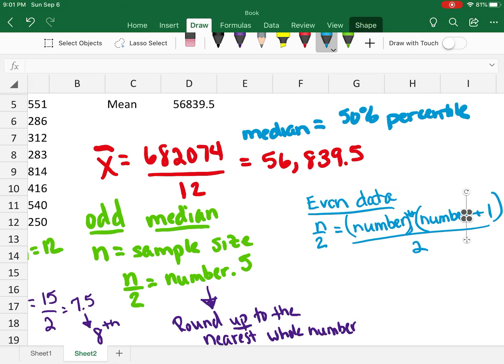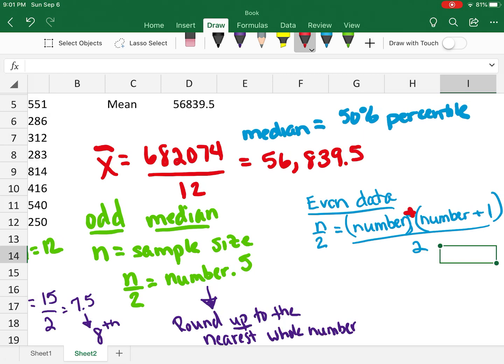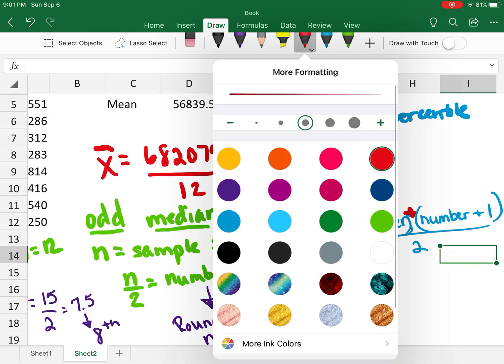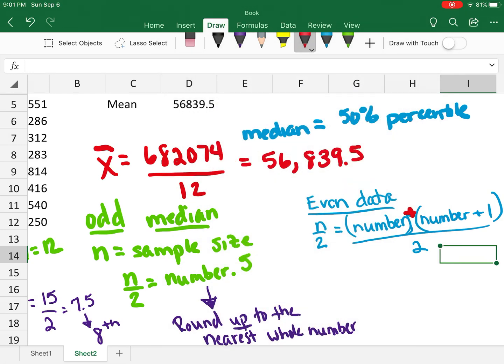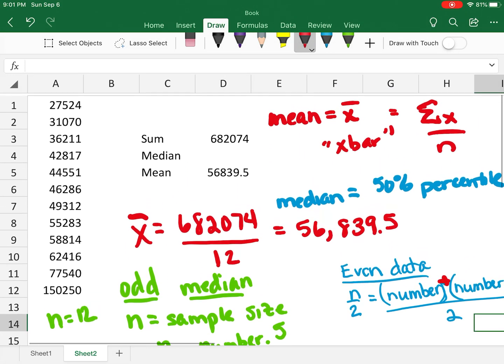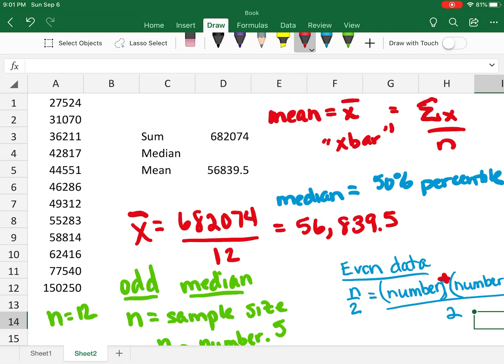So let's do this for this particular example. We have in our data set these 12 values. If we do n divided by 2, so 12 divided by 2 equals 6, I get a whole number. So here is your first median.